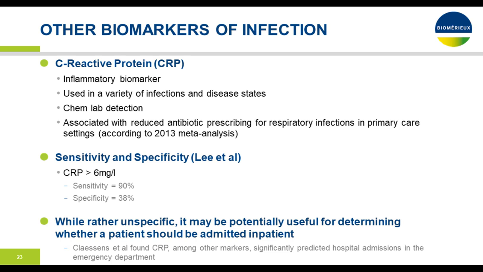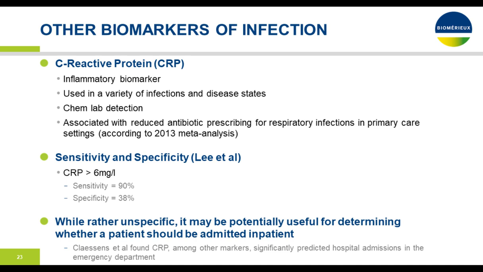So there are some other biomarkers of infection we mentioned in a previous slide, CRP. It is an inflammatory biomarker, including in the respiratory tract, but unfortunately there are many other disease states that will also cause an elevation in CRP. It's associated with reduced antibiotic prescribing for respiratory infections, and that was a 2013 meta-analysis.